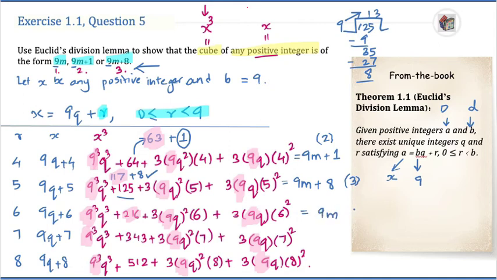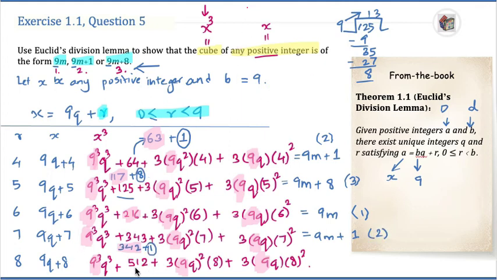So this will be of the form 9m, which is yet again form number 1. Then 343 can be broken into 342 plus 1, and 342 will again be divisible by 9. So I will be able to take 9 common from 342. What I'll be left with is 9 times whatever is inside plus 1. And that is form number 2 for me.